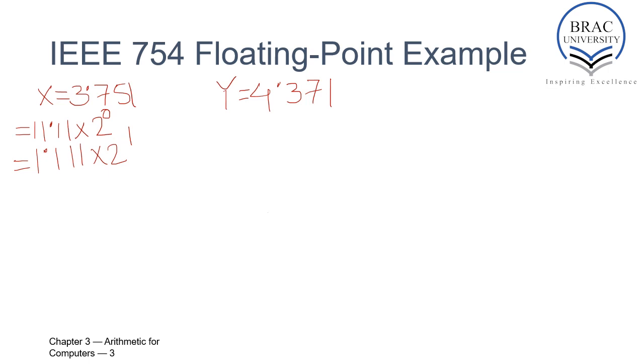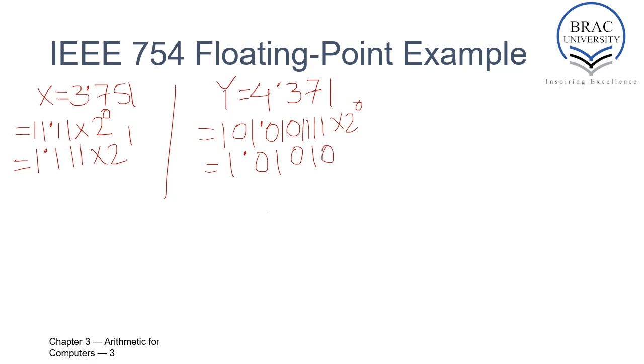And for y, this is 101.0100 and then 4 ones, into 2 to the power 0. The normalized form is 1.0100 and 4 ones into 2 to the power 2.